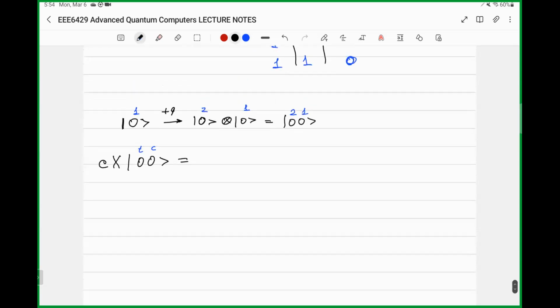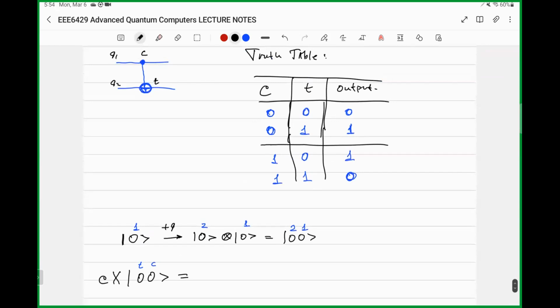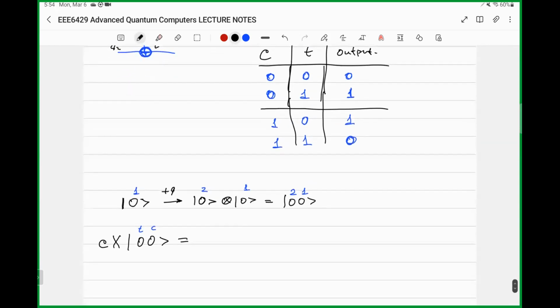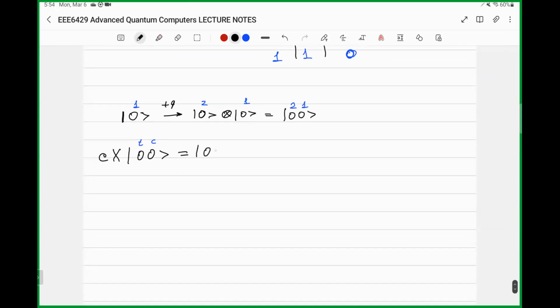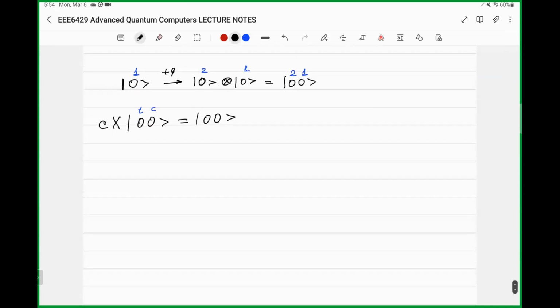So what is the result here? According to this truth table, the control is 0, so we don't change the target. The target is 0, so the result will be 0, 0. Basically nothing changed.